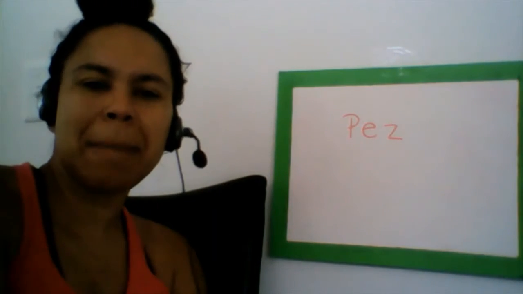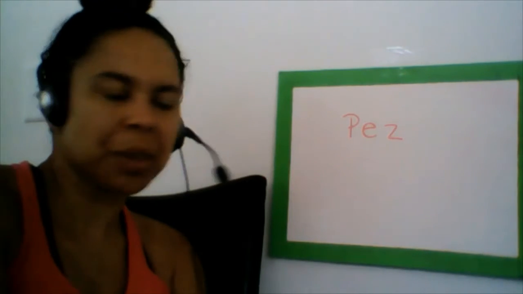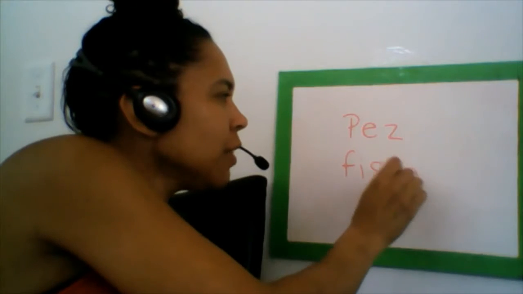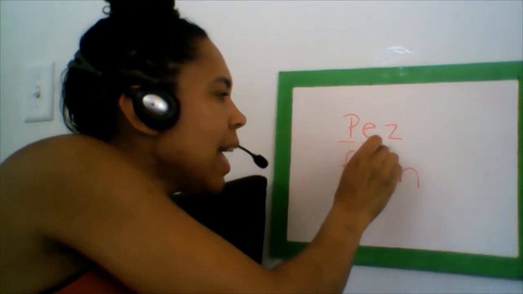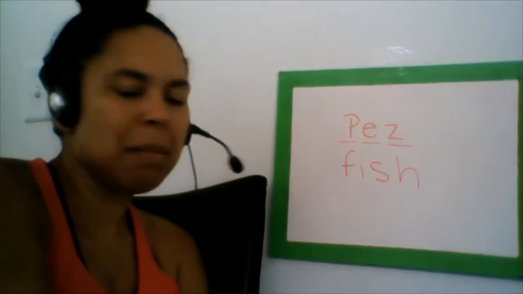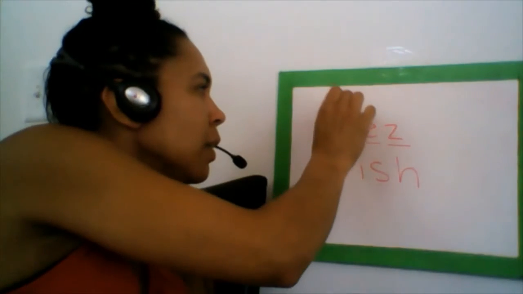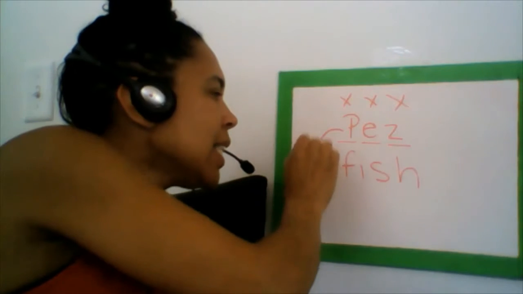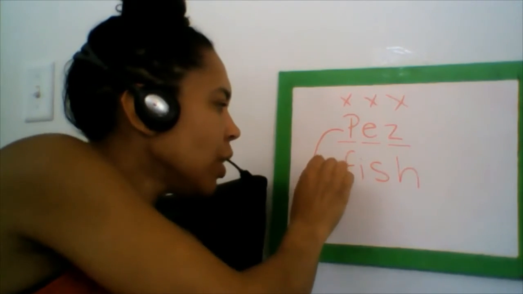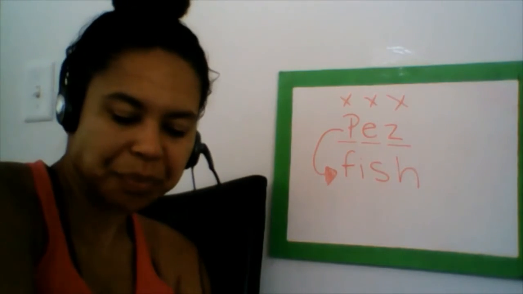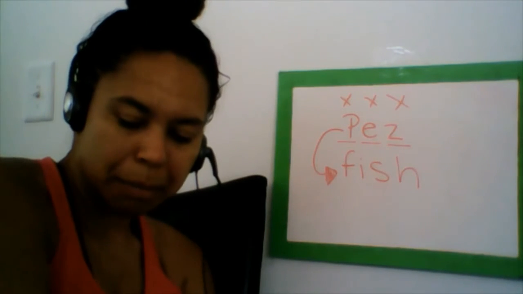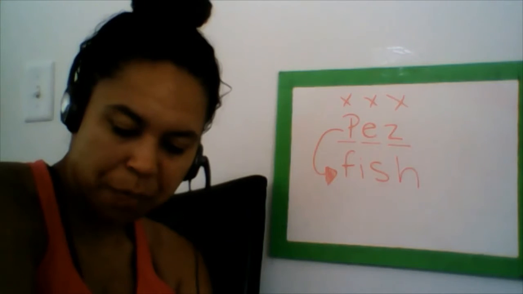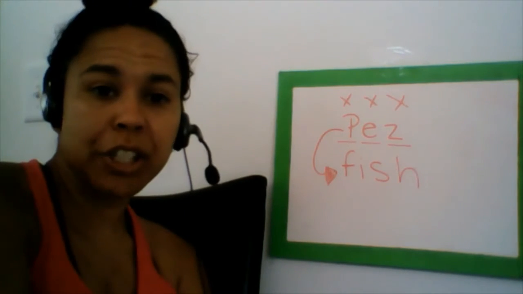Can you tell us what pez means to you? Fish. That is correct. P, e, z. So how many sounds do we hear in that word still? 1, 2, 3. And pez is fish in Spanish. Right.